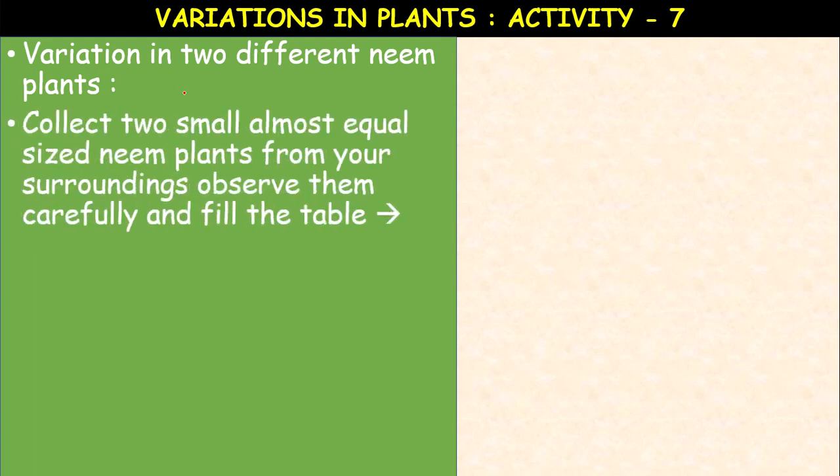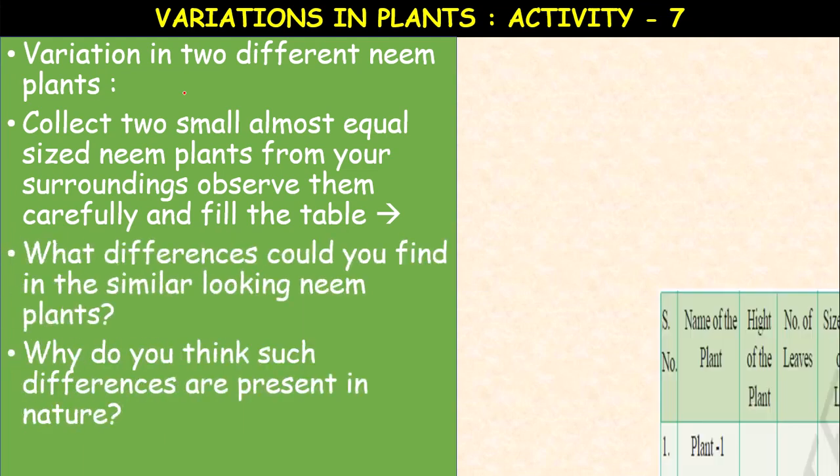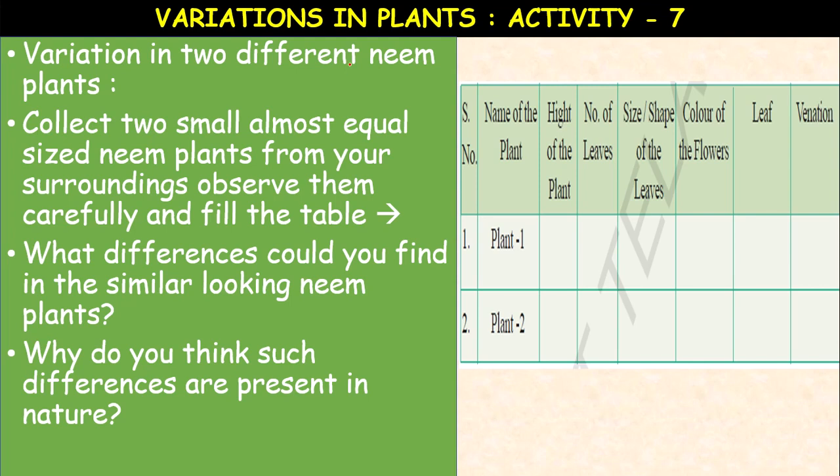Okay, here you need to collect two small, almost equal sized neem plants from your surroundings and observe them carefully and fill the table. The table: plant 1 and plant 2. Let us name it as plant 1 and plant 2.